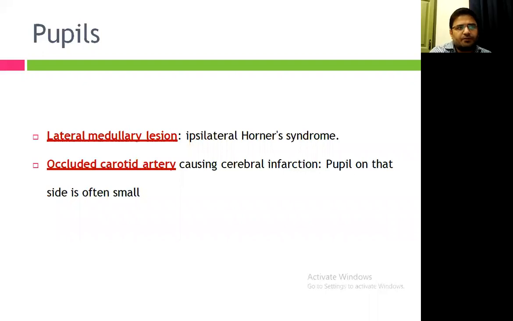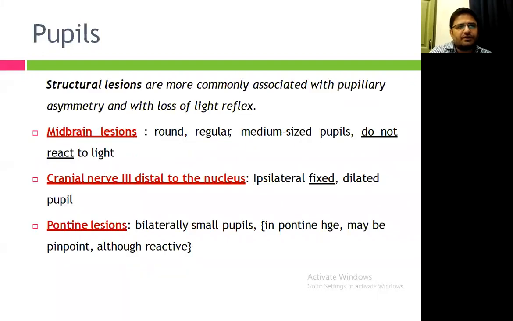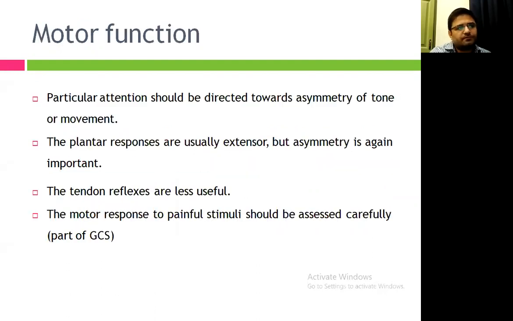So these are the pupillary changes: in midbrain lesion, pupils are non-reactive to light; in cranial nerve lesions, an ipsilateral fixed but dilated pupil; and pontine lesions have small pinpoint pupils.